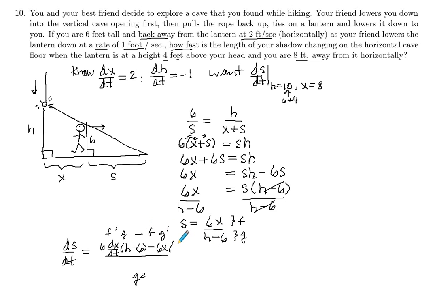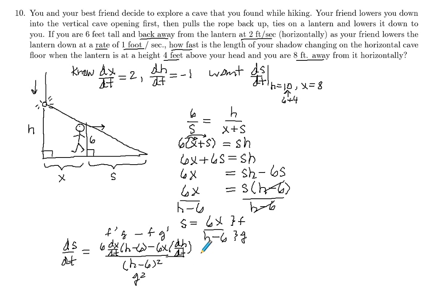Derivative of h is not 1, it's dh dt, and then the derivative of 6 is 0. And then we are dividing everything by g squared, so h minus 6 squared.